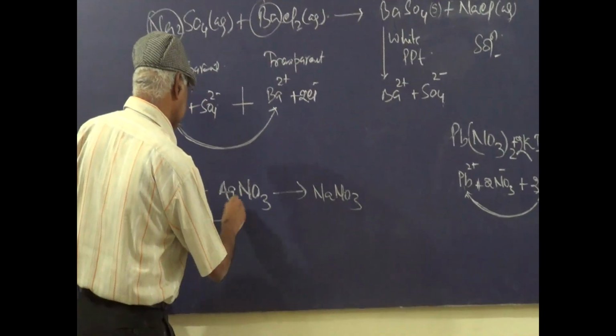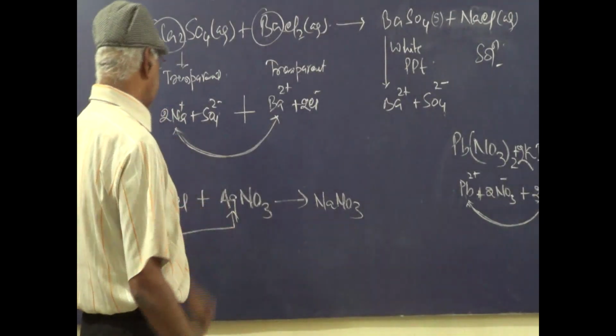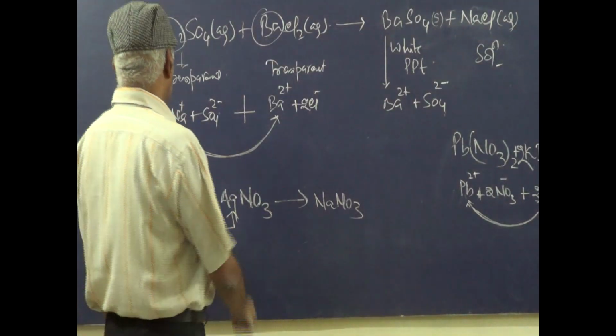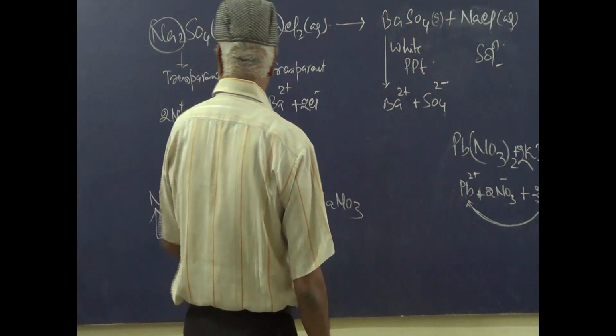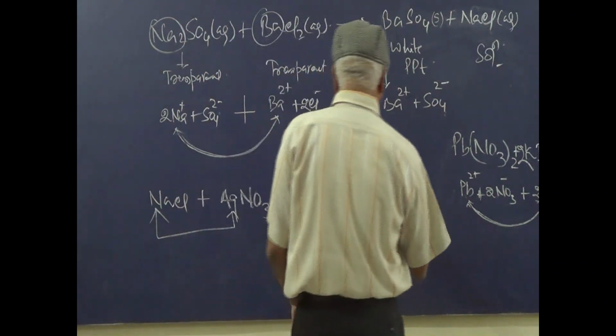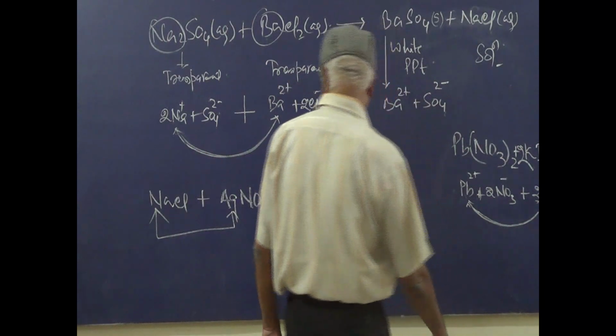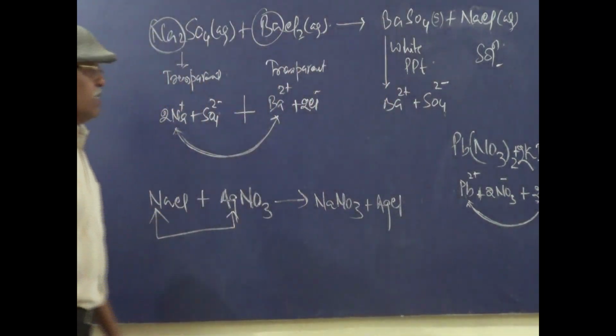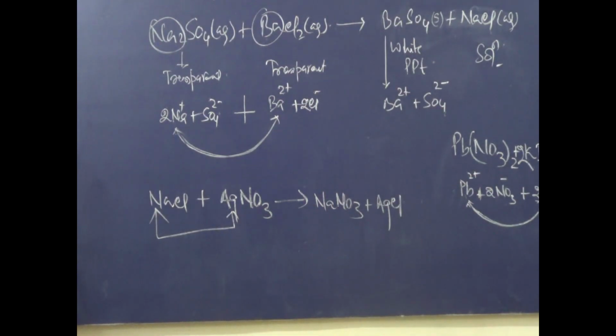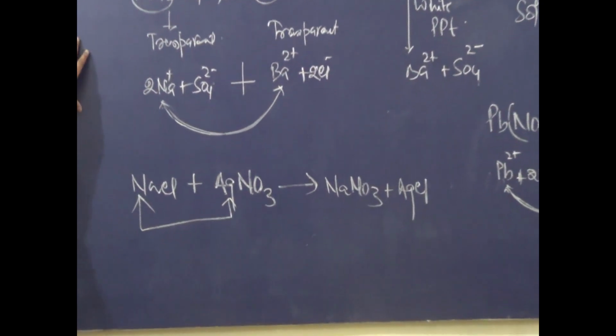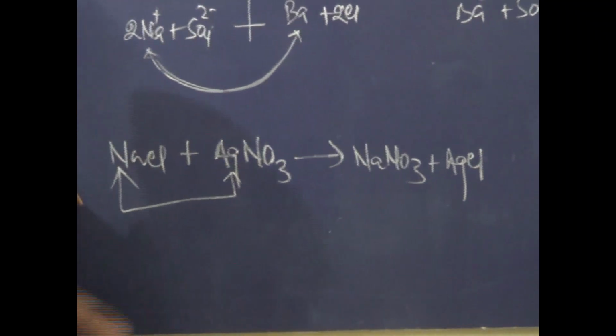There is an exchange between the ions of sodium and silver, so NaNO3 and AgCl are formed. Again, this is another example of a double displacement reaction, which is not in your book. Now we have given you the additional one.